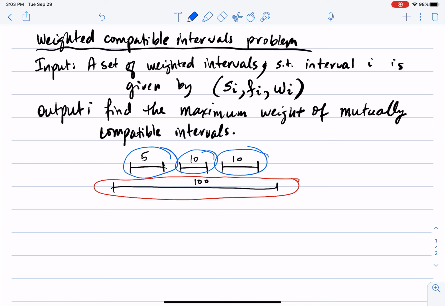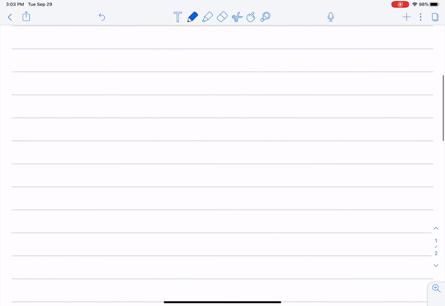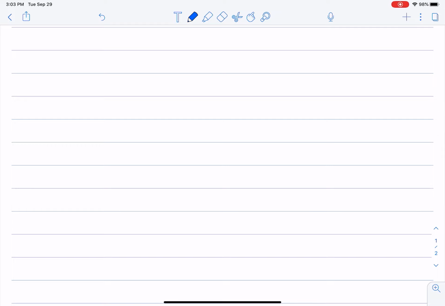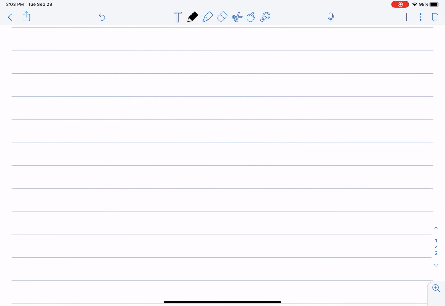I want you to pay close attention to some definitions I will make here. We have n intervals and their finish times are f_1 through f_n. Think of them as sorted, so the first finishes before the second, before the third, all the way before the nth interval.